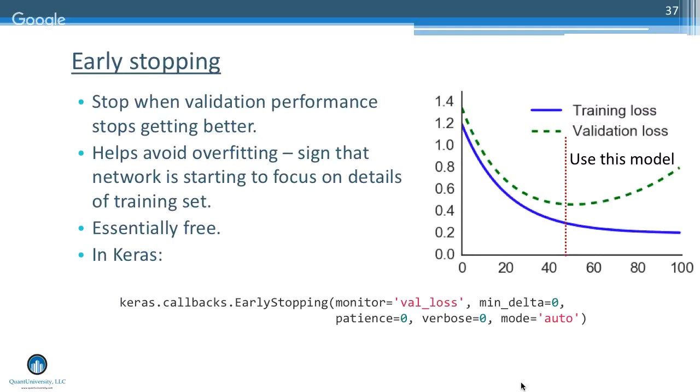Basically, you can detect when your network is starting to learn stuff that's too specific for training data. And if you're not sitting there watching your network, you can automate it using this early stopping thing in Keras, for example, to say, look, if the validation loss hasn't gone down in so many epochs, just stop training. That's a way to save computation.